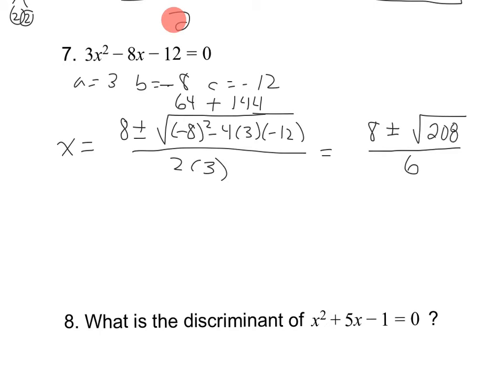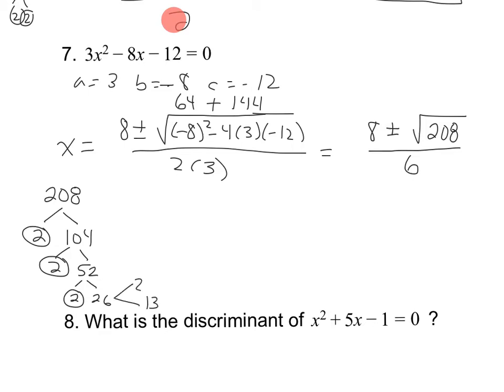So now same idea, we'll try to break down 208. 208 is going to be 2 and 104, which is going to be 2 and 52, which is going to be 2 and 26, which is going to be 2 and 13. So I have two groups of 2 and a 13 left over.